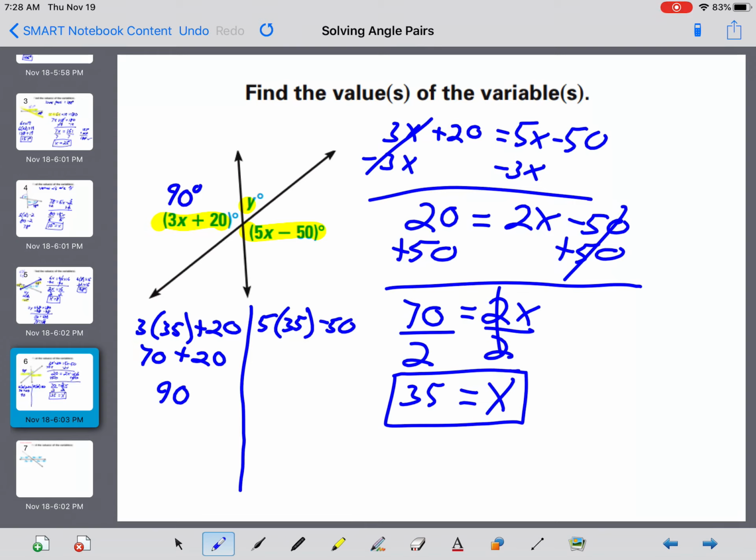And that doesn't work out nice. Oh, I'm sorry, guys. I made a mistake here. 3 times 35, not 2 times 35, is 105. I was going to say, that did not look like a right angle. 105 plus 20 makes 125. Okay, so let's erase this.